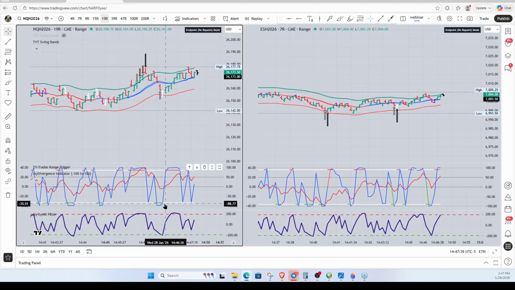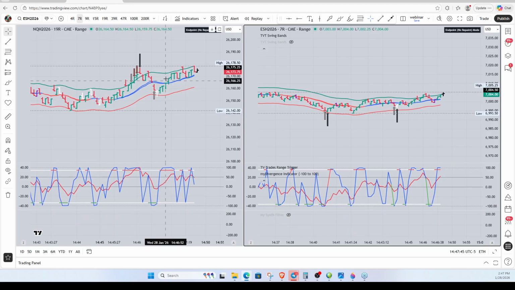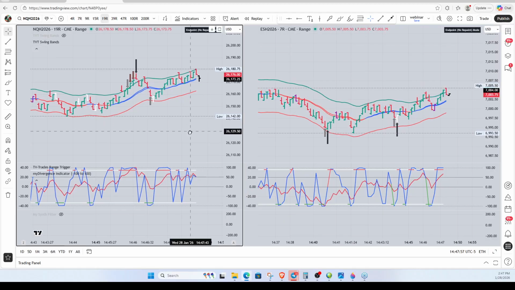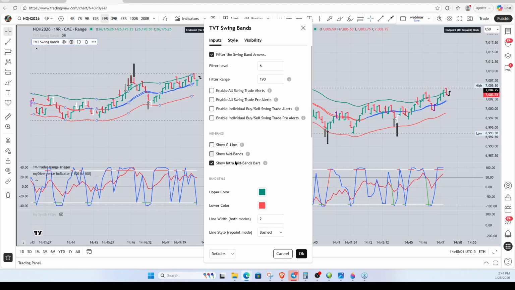And price comes out of the oversold on the trigger. That's what the white bars are. The purple bars are when it straddles the mid bands, okay, and it comes out of the oversold. That's when you get the purple ones. Okay, so those are the two types of mid band trades that I had given to you guys to trade with the trend.